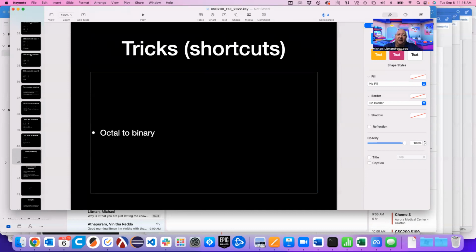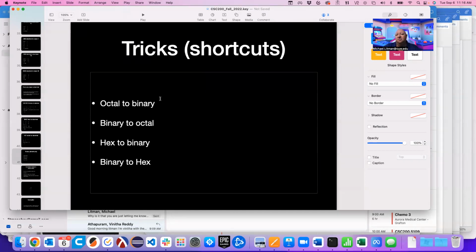Octal to binary. Binary to octal. Hex to binary. Binary to hex. All of these can be done directly. You don't have to stop at decimal. All right, I'm going to show you why.